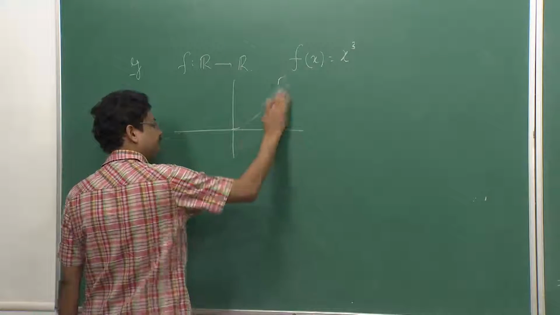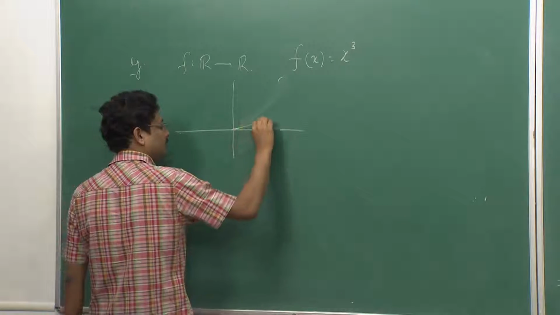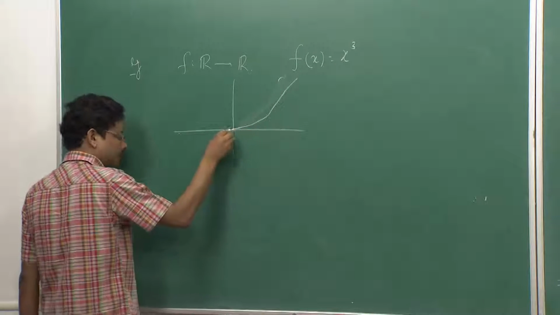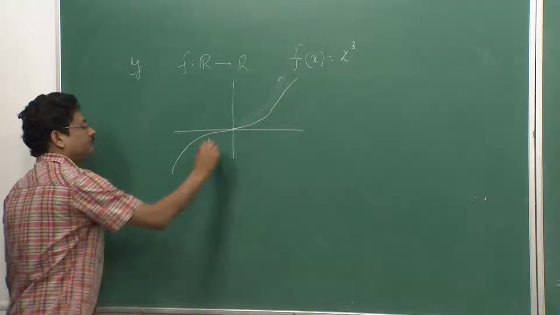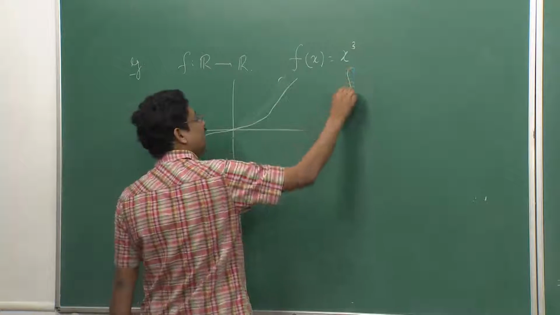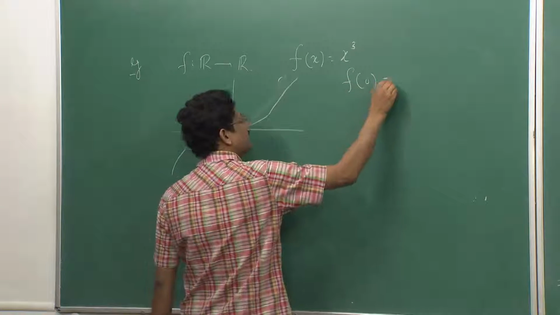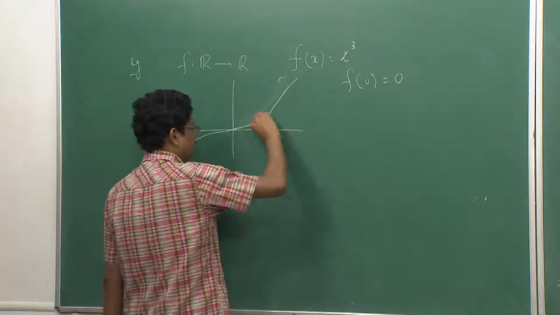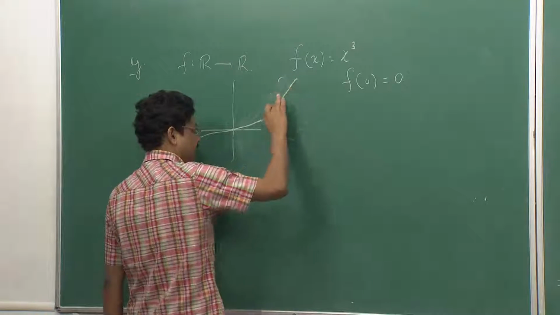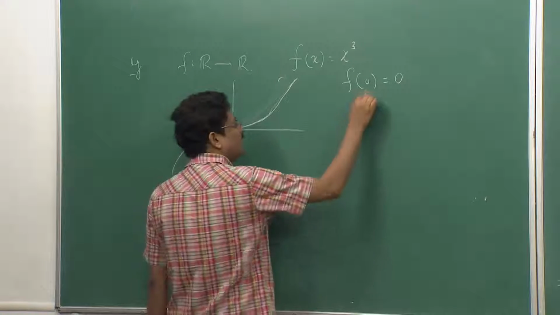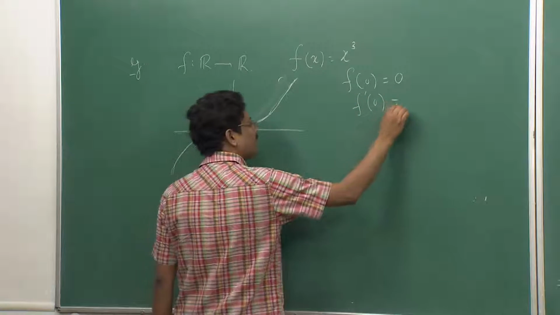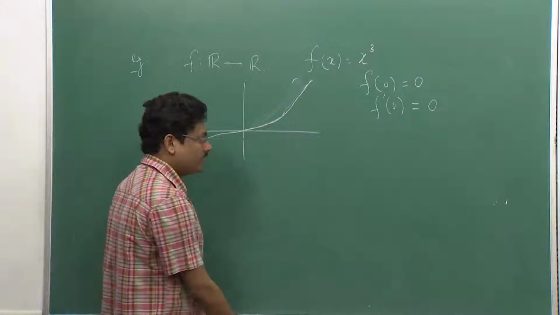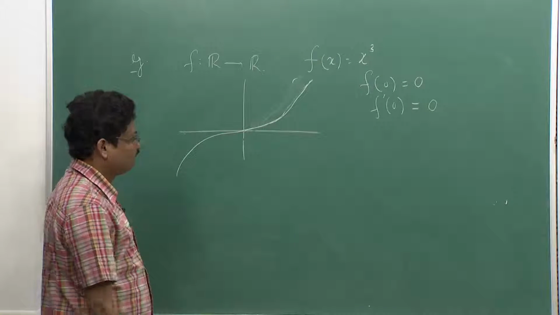So, f of 0 is 0, it should look nice enough. F prime at 0 is also 0, 3x square at 0 is 0.